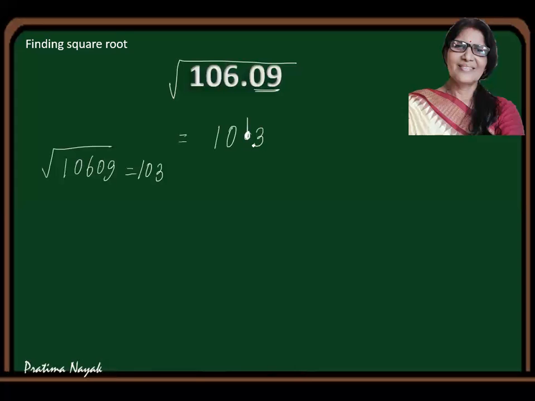You leave 1 place from the right and put the decimal. So this is the square root. Or you can write the square root of 10609 divided by 100. This is 103 by 10, which will be 10.3.